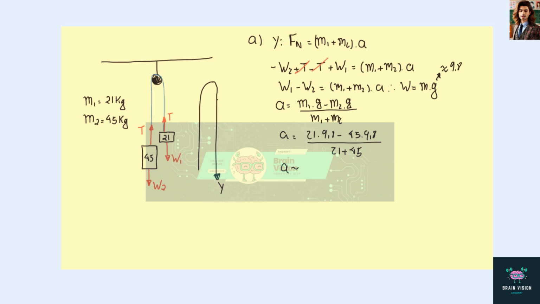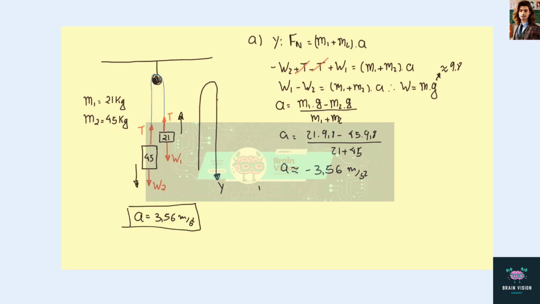This results in an acceleration of approximately minus 3.56 meters per second squared. It means that the system will accelerate in this direction. So this part will go down and this part will go up, with an acceleration of 3.56 meters per second squared. This is the absolute value of the acceleration.